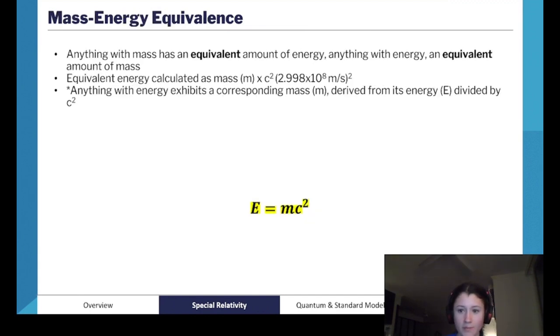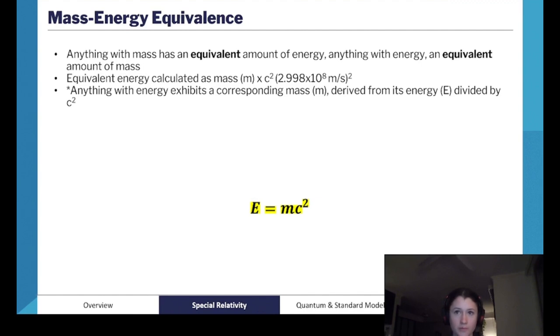All right. Now getting on to mass energy equivalence. Anything with mass has an equivalent amount of energy, and anything with energy has an equivalent amount of mass.